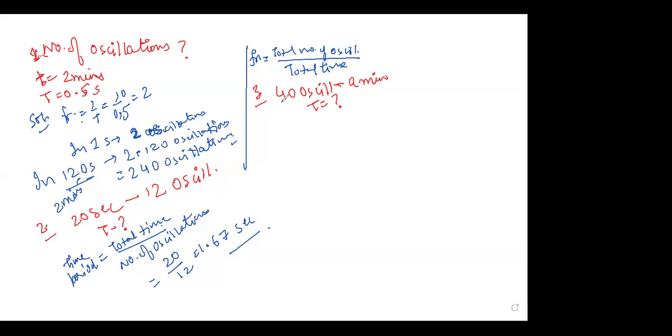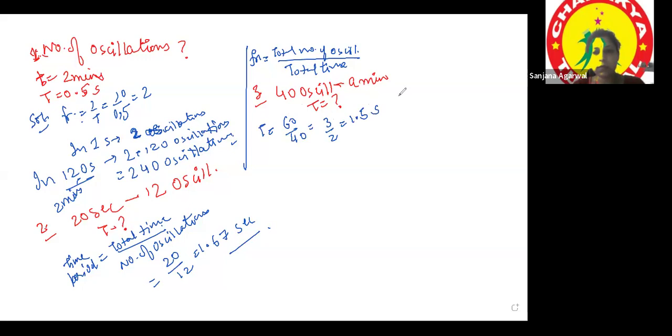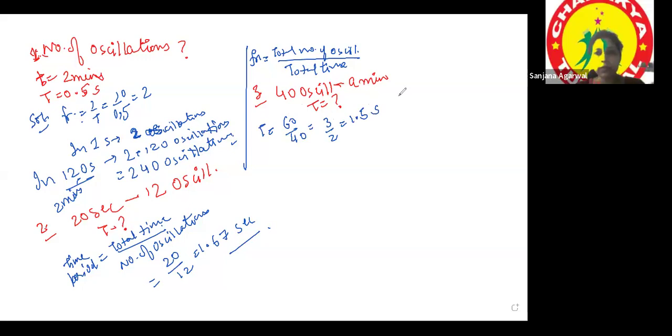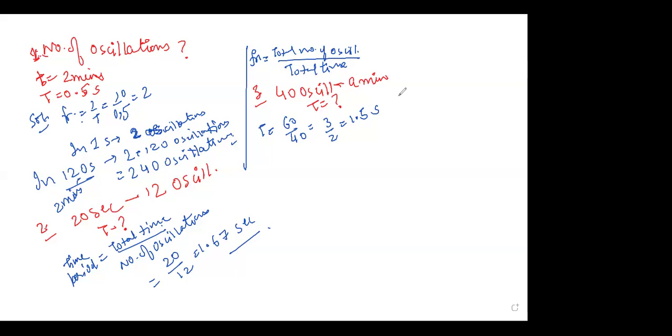Yeah. Ma'am, it's 60 by 40. Ma'am, I am getting 1.5 seconds. Somebody said 0 point something. Ma'am, I thought you wrote 400 oscillations. Sorry.